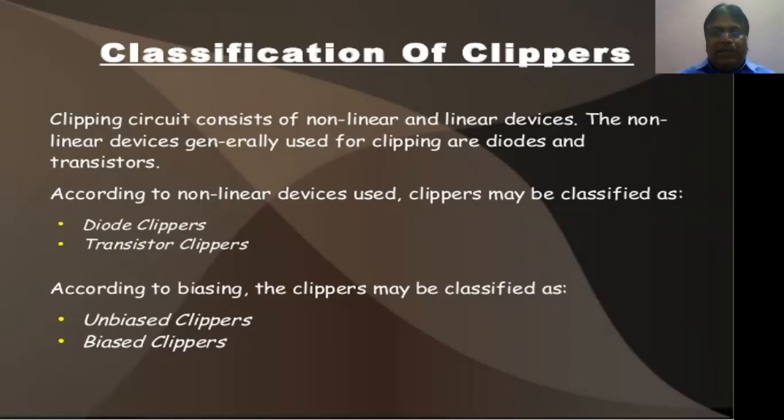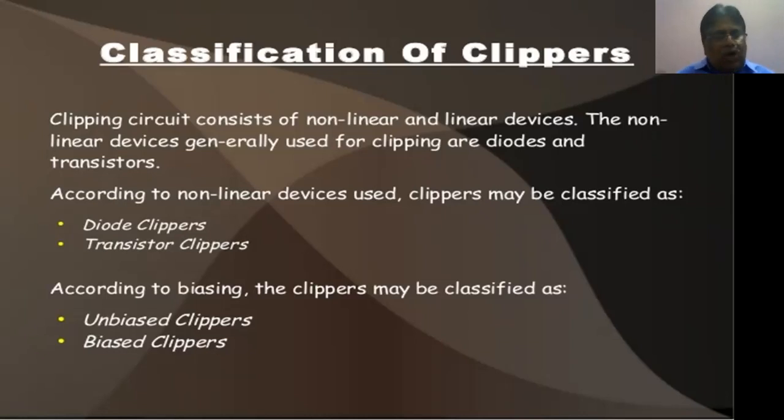When a circuit uses a diode, it is called a diode clipper, and when it uses a transistor, it is called a transistor clipper. Whether diodes or transistors are used, the objective is to reduce the noise at the output side. Sometimes we use transistors, sometimes diodes, but our aim is to reduce the noise.